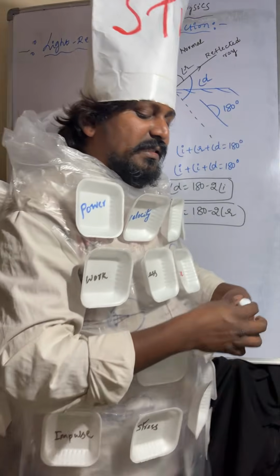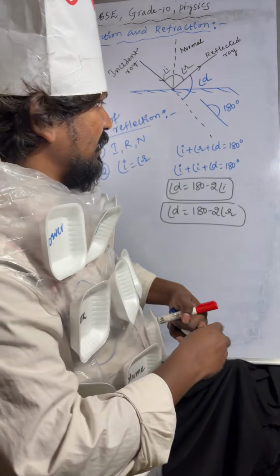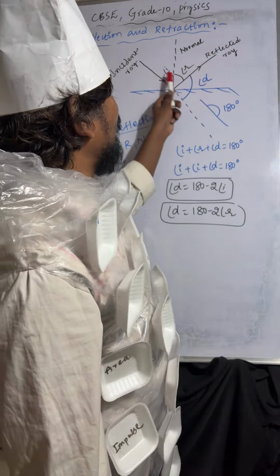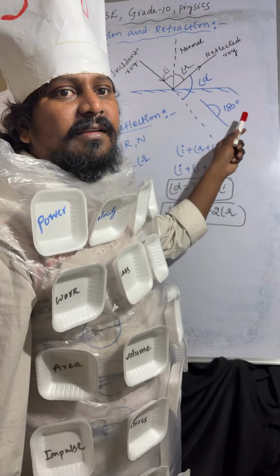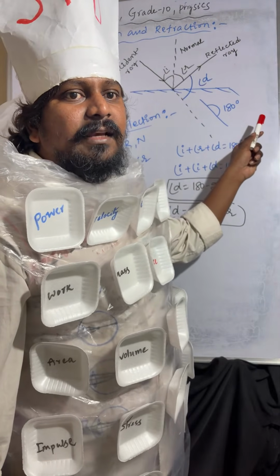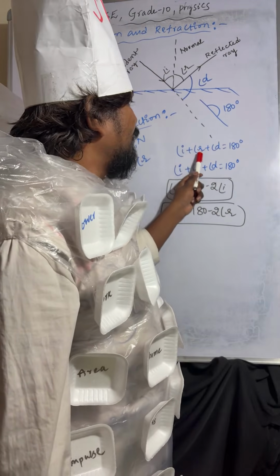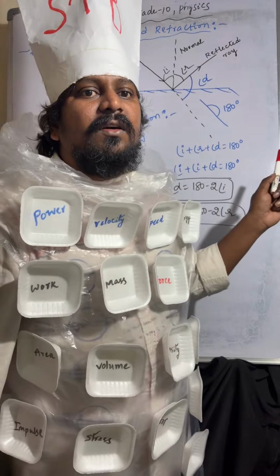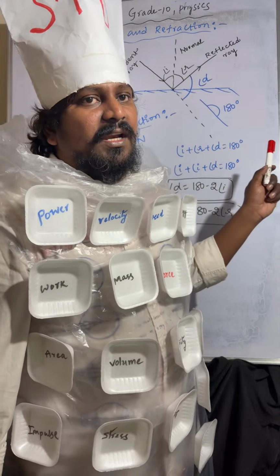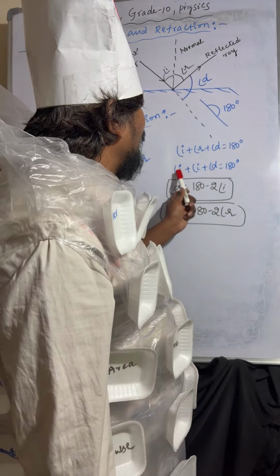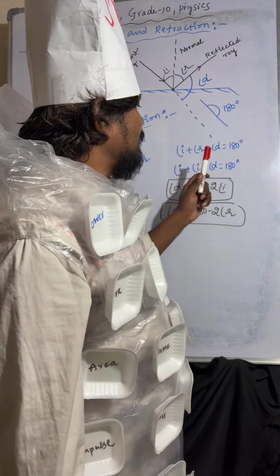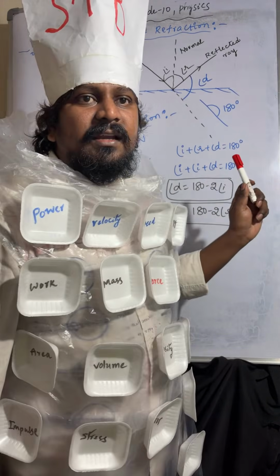Coming to the next one, angle of deviation. Here this is a linear angle, that is 180 degrees. So angle of incidence plus angle of reflection plus angle of deviation equal to 180 degrees. So angle of incidence plus angle of incidence plus angle of deviation equal to 180 degrees.